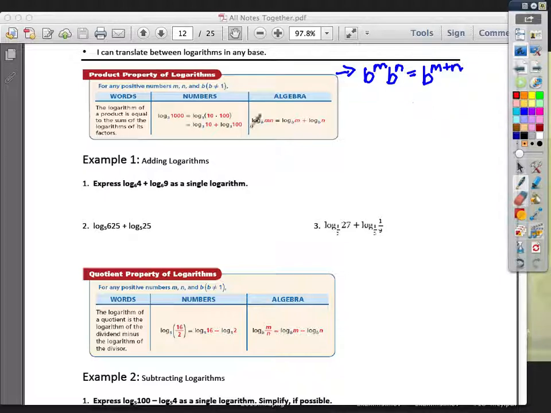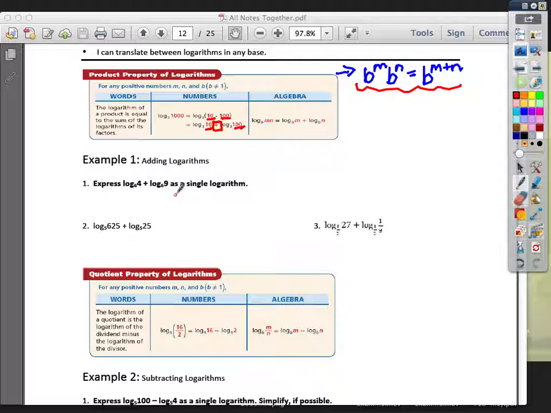Well, with logarithms, very similarly, you can take the log of any quantity and express it as a product, but then that product becomes the sum of the two logarithmic factors. Notice how there's 10 and 100 there and how that gets broken up, but it's dealing with this idea of the sum.